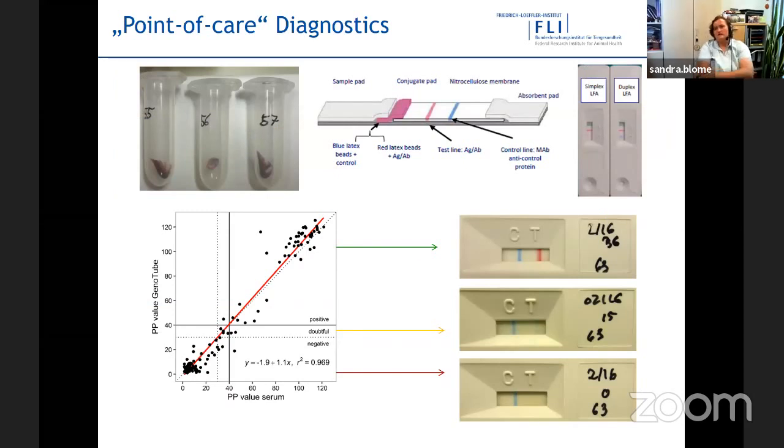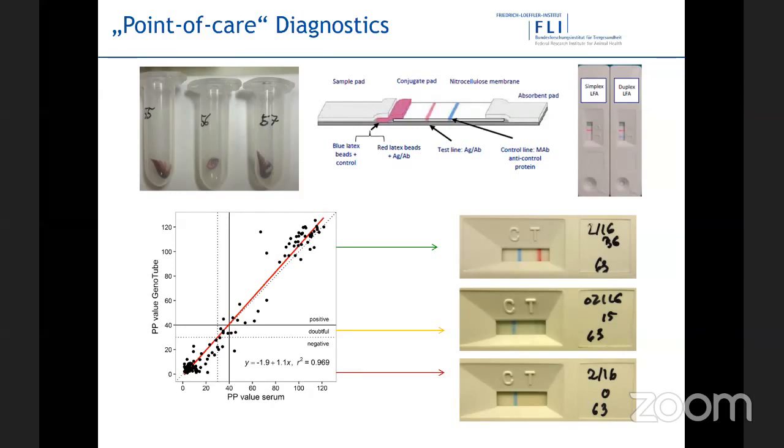You can combine to a certain extent these methods even with some point of care diagnostics. We just did it in the beginning for fun because we had the possibility, but it turned out to be much better than expected. We actually cut pieces from the swabs and used it in an ELISA that was licensed for the use with filter papers.